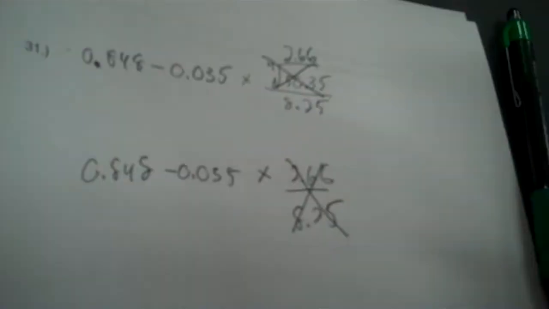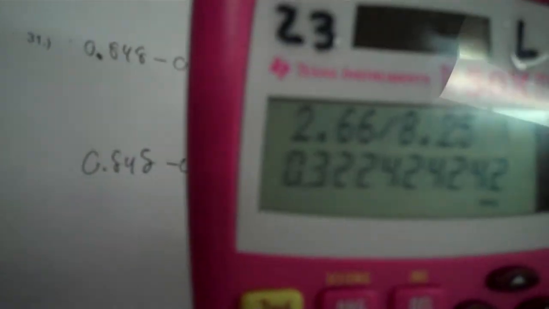So we have minus, times, and then division. Well, obviously you're going to have to do the division first, because it's a fraction. Okay, round that off, 0.32.